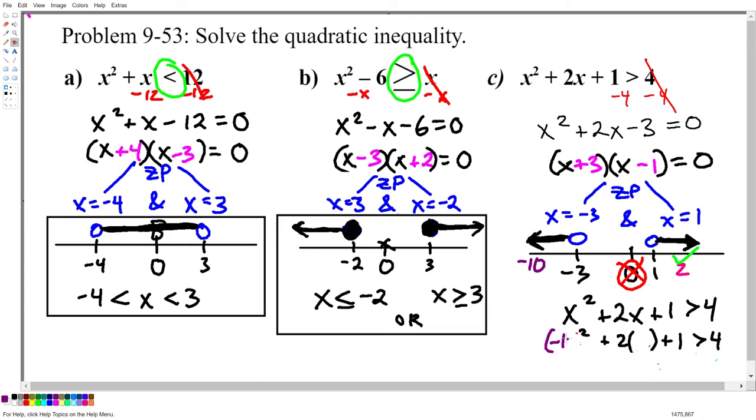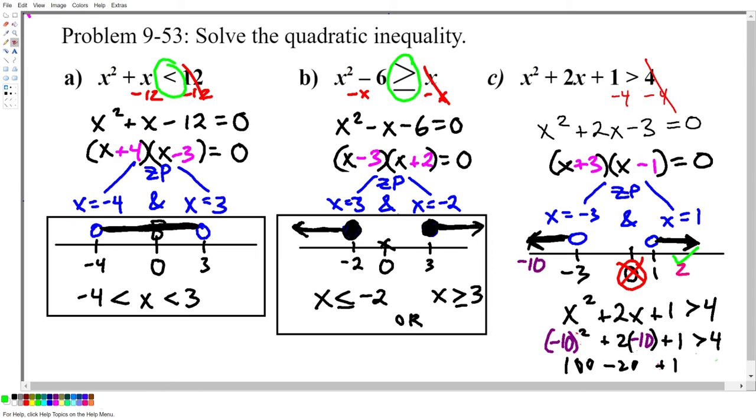So why not do -10? If I plug in -10, let's see if it's a true statement. We're actually testing if region A would work. So -10 squared is 100, minus 20 plus 1. Is all that greater than 4? And we can say absolutely.